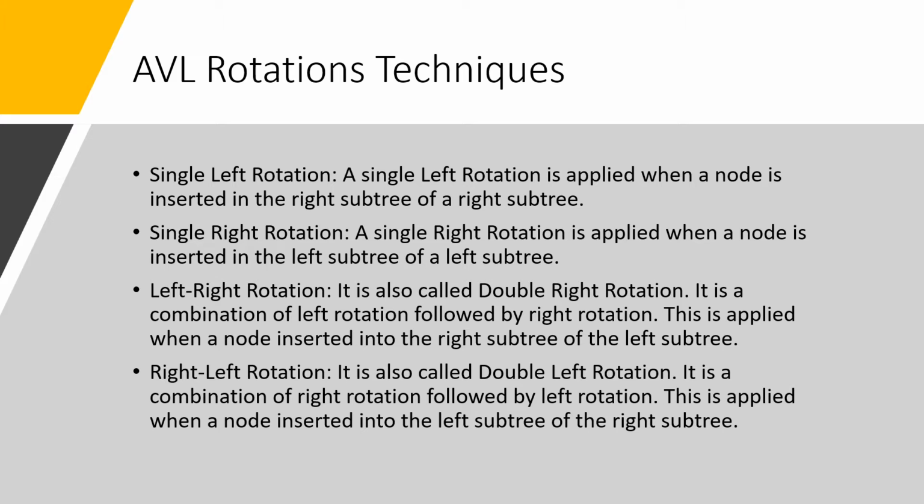Left-right is a combination of a left rotation followed by a right rotation, and this happens when a node is inserted into the right subtree of the left subtree. Right-left is the same thing, but when a node is inserted into the left subtree of the right subtree. In all these cases, when insertion happens, the balance of the tree is disturbed. That's why we use these rotation techniques.